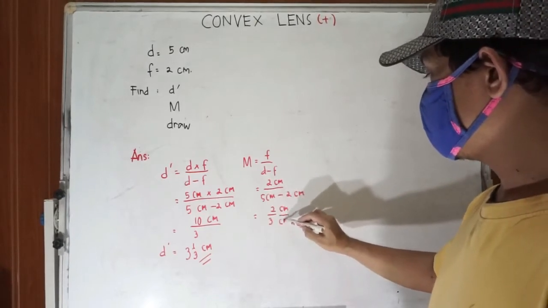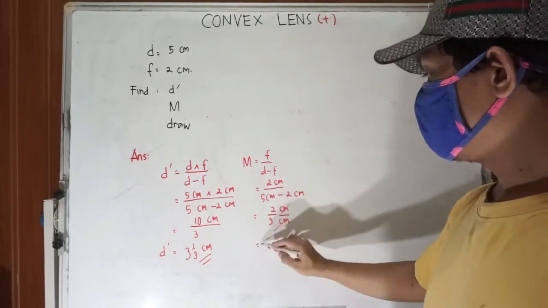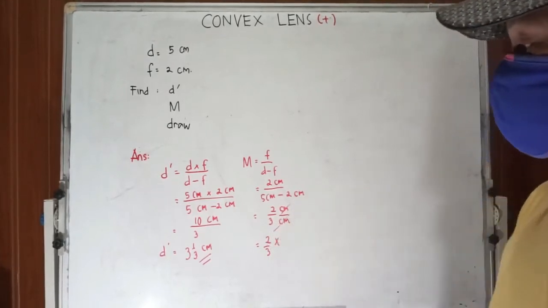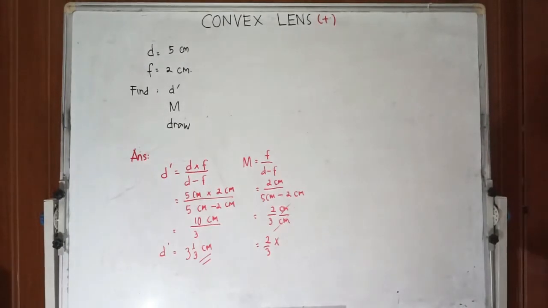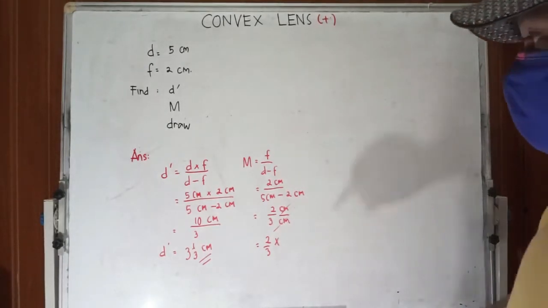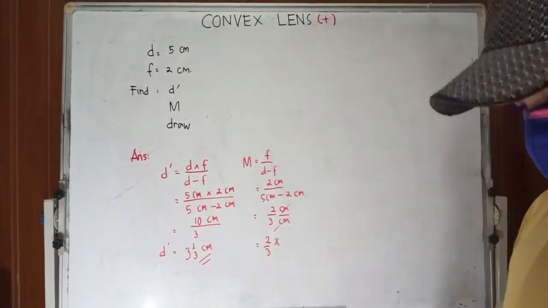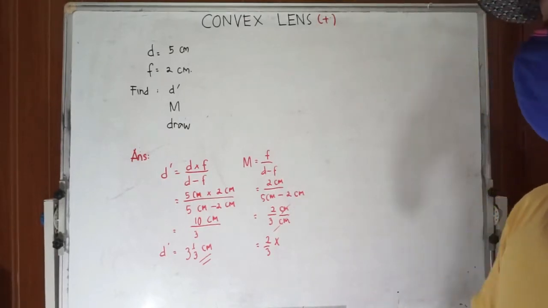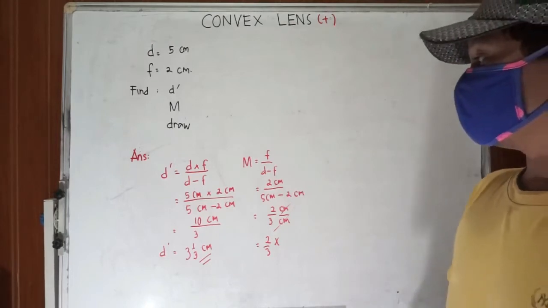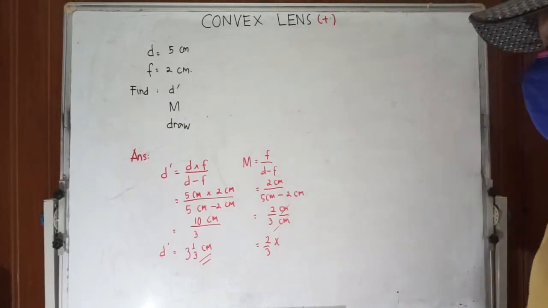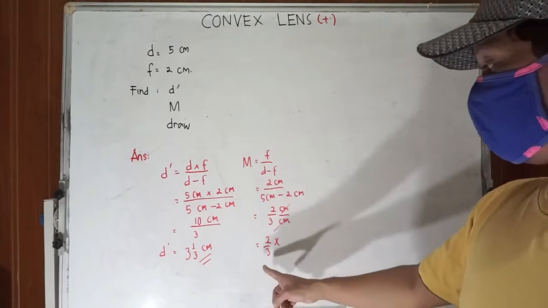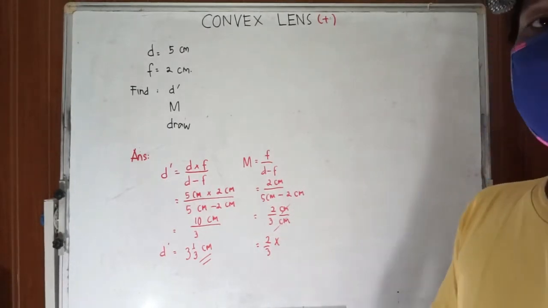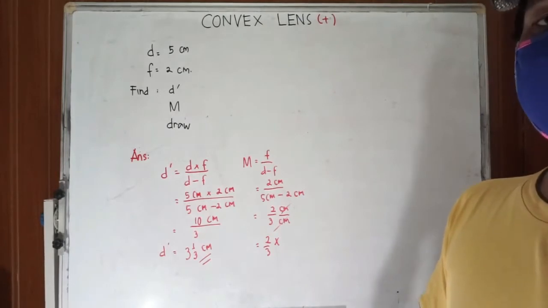Centimeter over centimeter cancel, and you get 2 over 3 times. Okay students, this is the calculation for finding the image distance and magnification. You can find that M is 2/3 times, so the height is reduced.